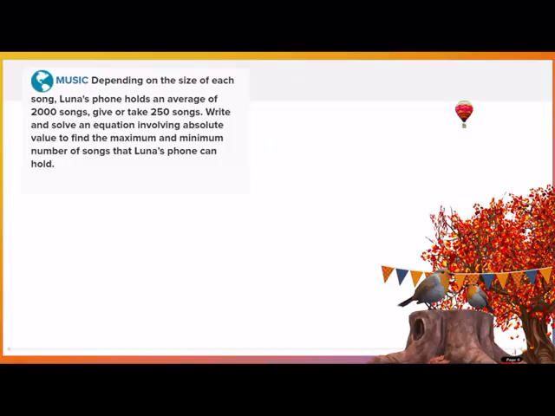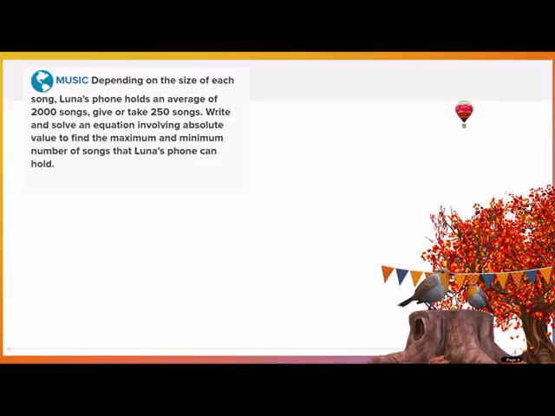Okay, so depending on the size of each song, Luna's phone holds an average of 2,000 songs, give or take 250 songs. Write and solve an equation involving absolute value to find the maximum and minimum number of songs that Luna can hold.